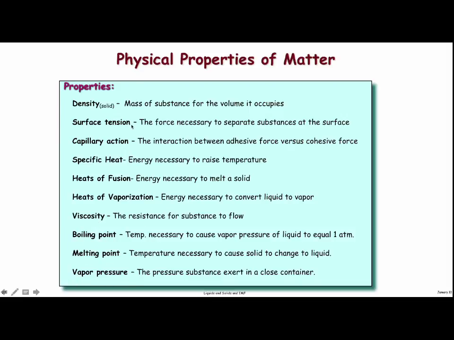We're going to take a look at all these properties and see how the unique hydrogen bonding of water tends to change the properties of water.